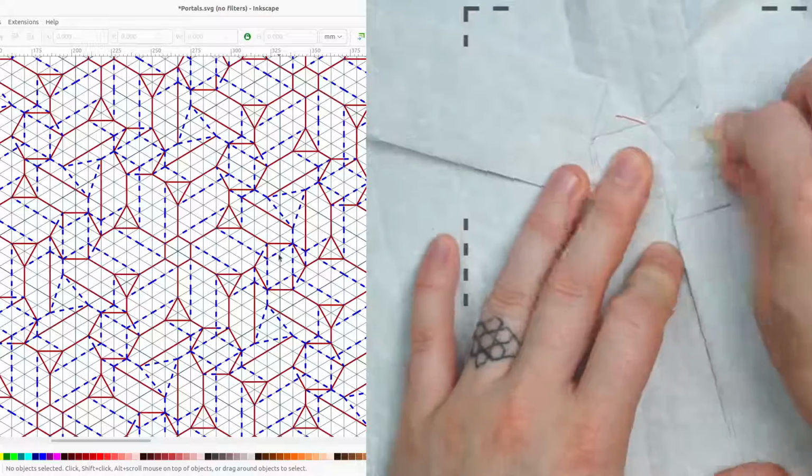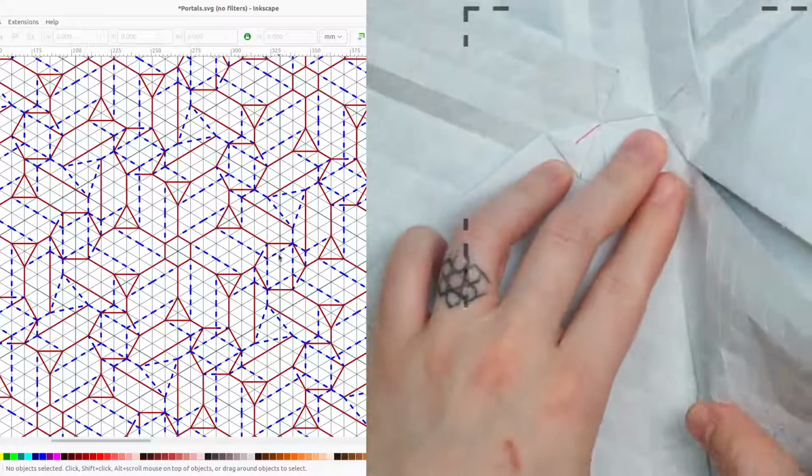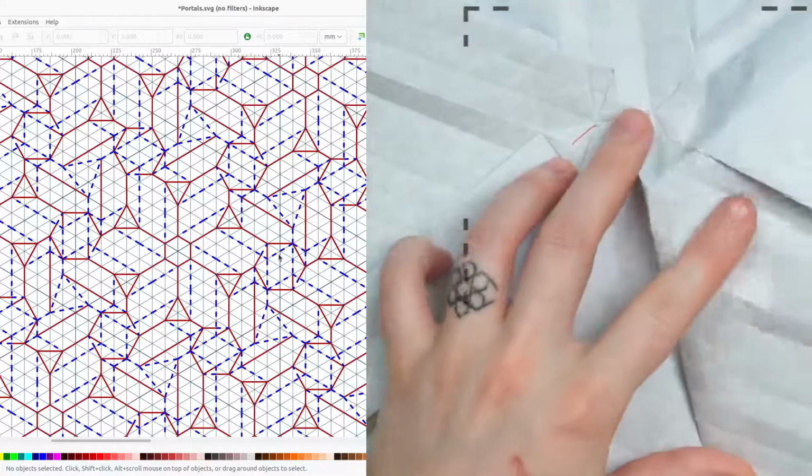All the way around my closed hexagon twist.